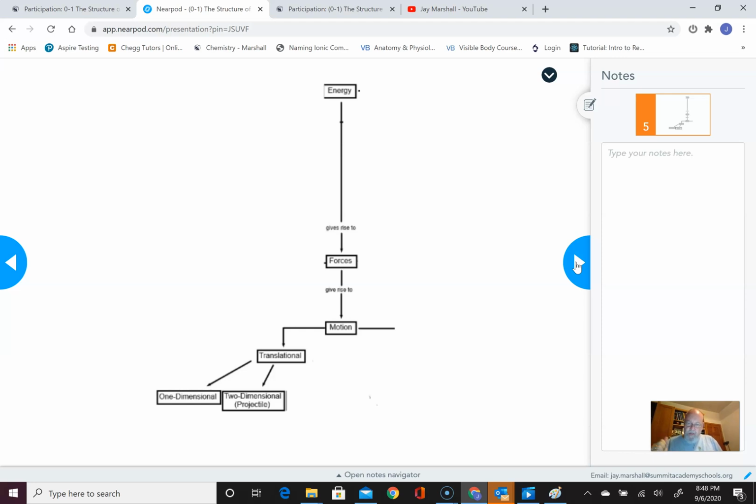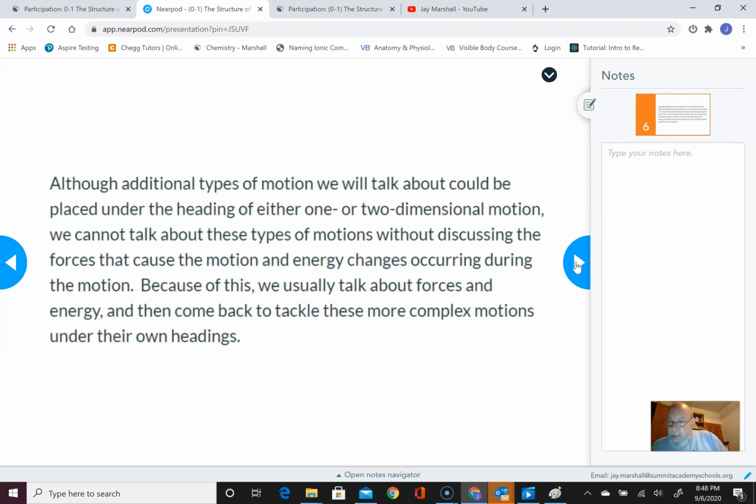And we have 1-dimensional and 2-dimensional motion, and we'll start with projectile. Now, there are additional types of motions we'll talk about that could be placed under the heading of 1 or 2-dimensional motion, but we can't talk about these types of motion without discussing forces that cause the motion. So things like circular motion or wave types of motions.